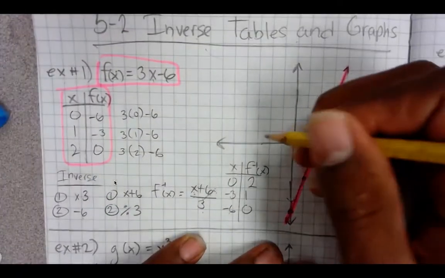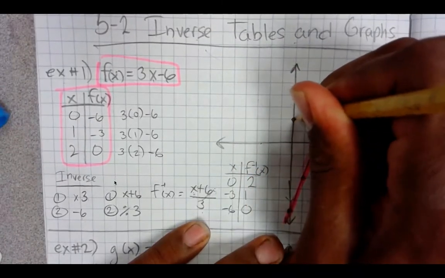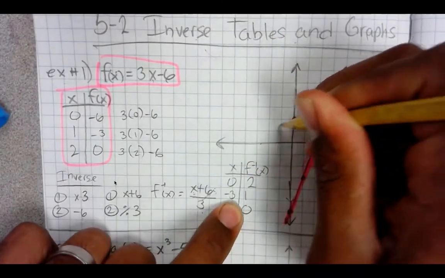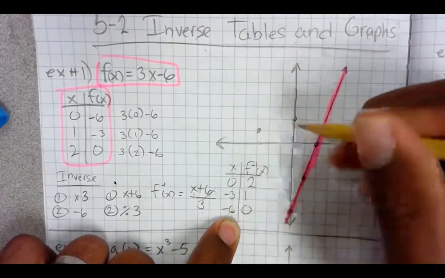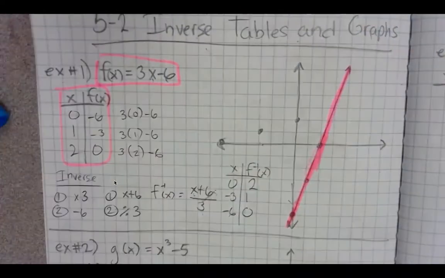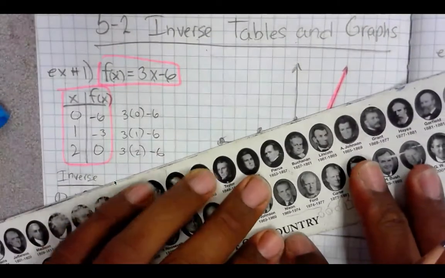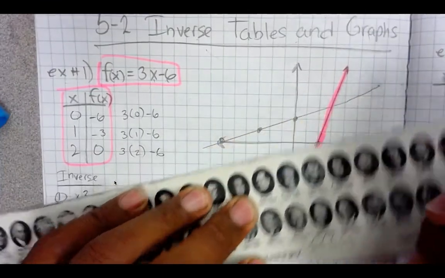All right, so let's go ahead and graph that. So now 0, 2, right here, negative 3, positive 1, and then negative 6 and 0. Okay, so now I'm going to go ahead and create that line. Oops.